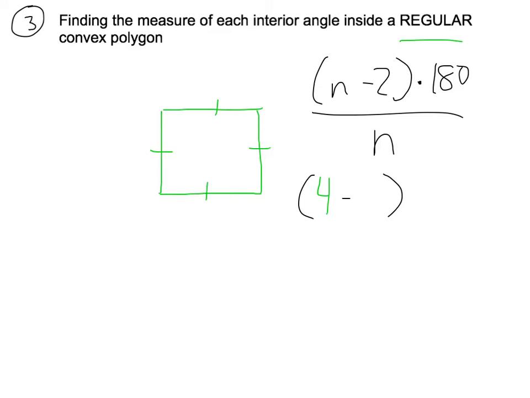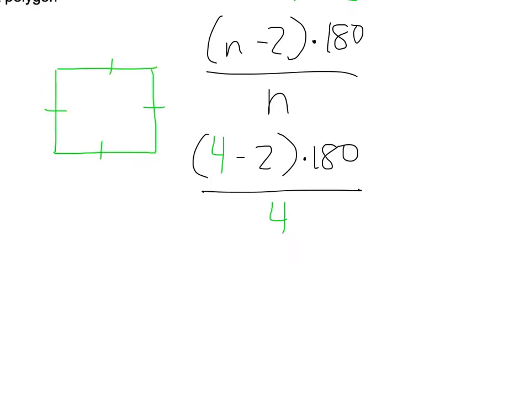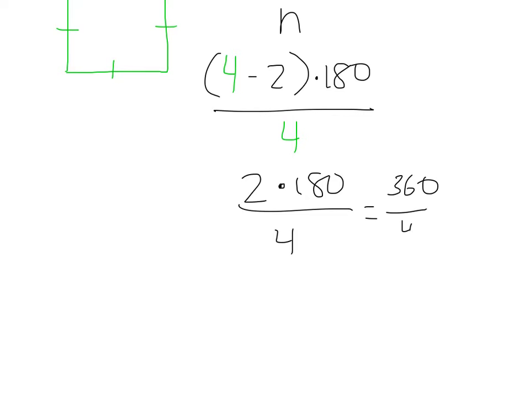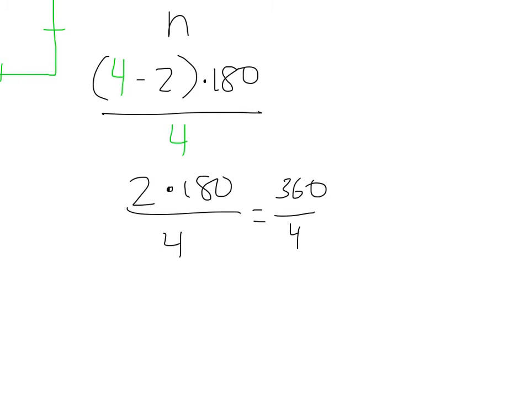So we're going to subtract that from 2 times 180, but we're going to divide that by 4 again. Okay, the n there is the same n that's up there. All right, so that's kind of simplified this expression. 4 minus 2 would get you 2 times 180 divided by 4. Well, let's see. 2 times 180 is 360 divided by 4, and 360 divided by 4 is 90 degrees.